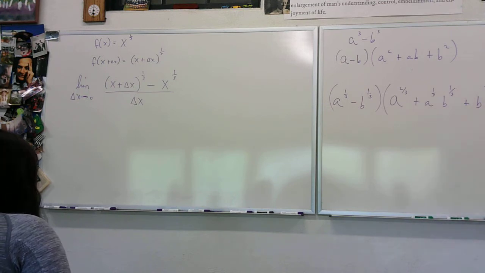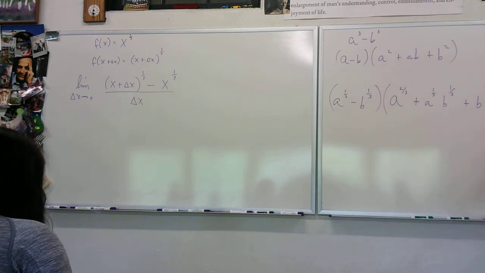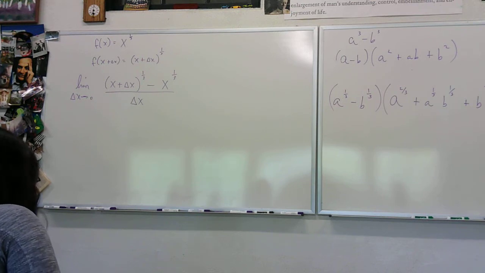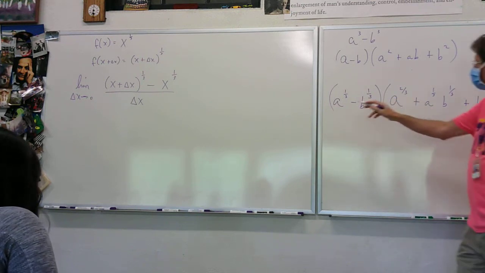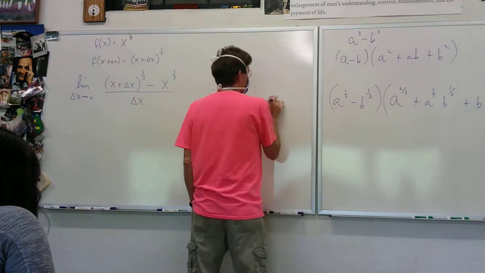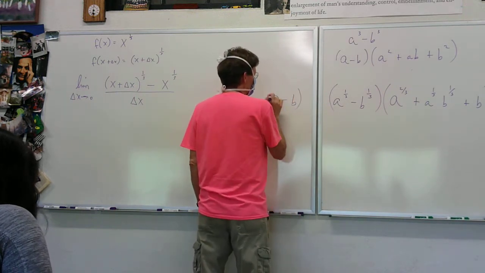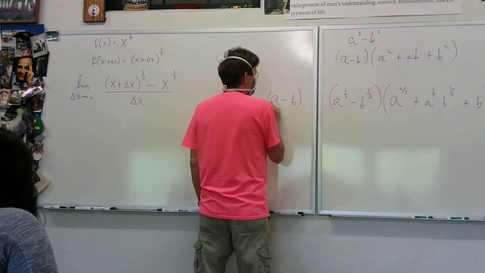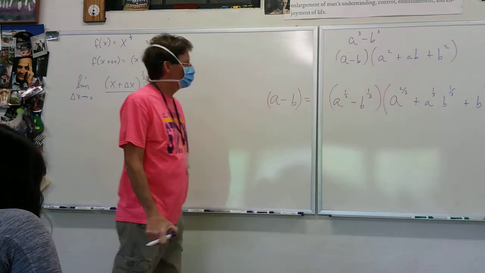That is the cube rule, but you don't start off with a cubed and b cubed. You just start off with a and b. All right? So a minus b factors into all that.